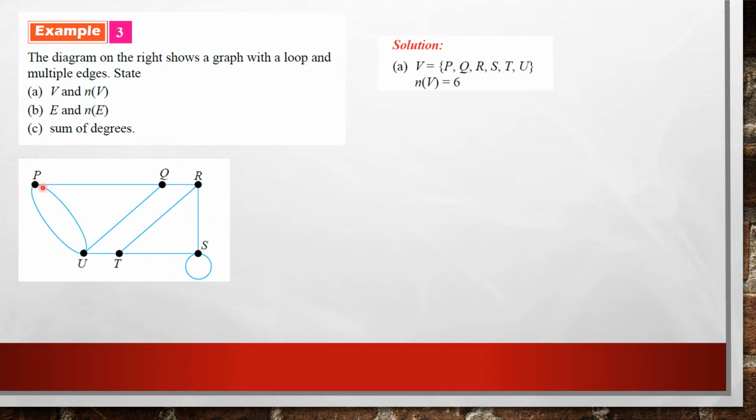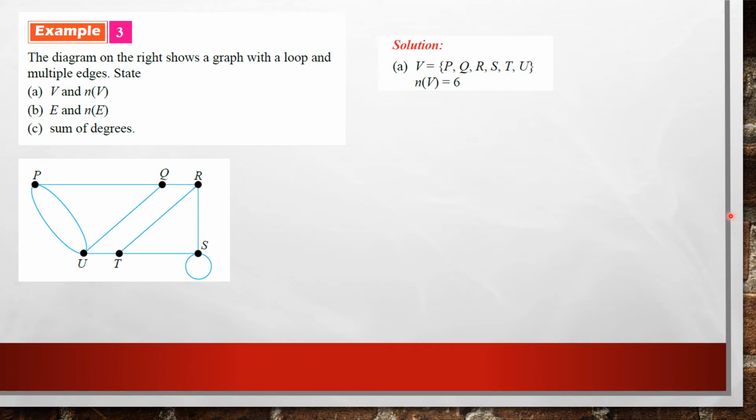You have P, Q, R, S, T, U, 6 vertices. So you label vertices V equal to, please don't forget to write the set notation. The answer should be in the form of a set: P, Q, R, S, T, U. The number of vertices is 6.